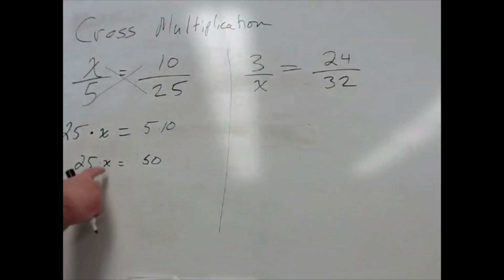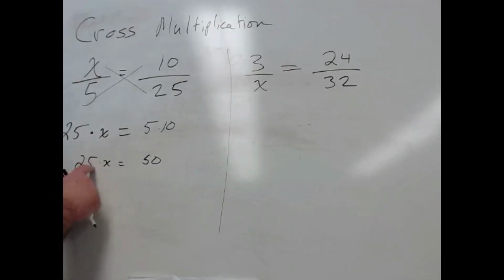So now, in order to find out what the x is, I ask myself, well, 25 times what gives me 50? Or, another way to think about this is if I'm solving for this x here, I need to get rid of this 25. To get rid of anything, you do the opposite of what's there.